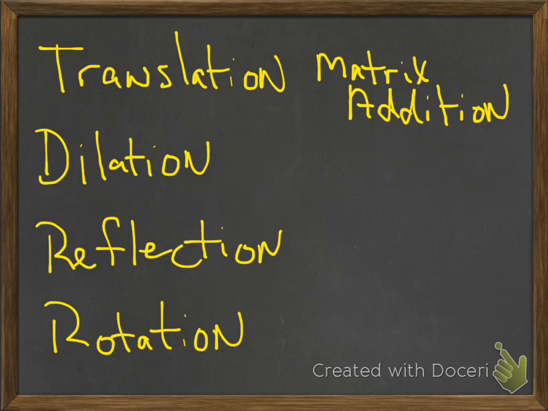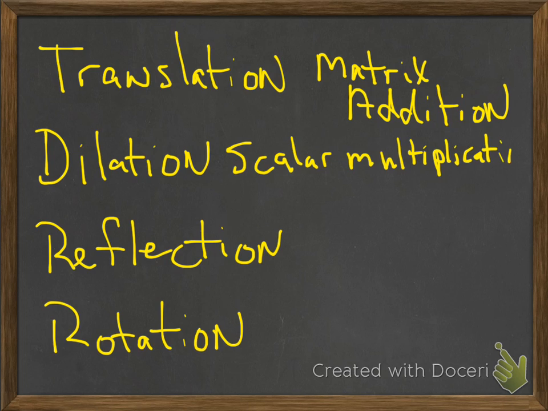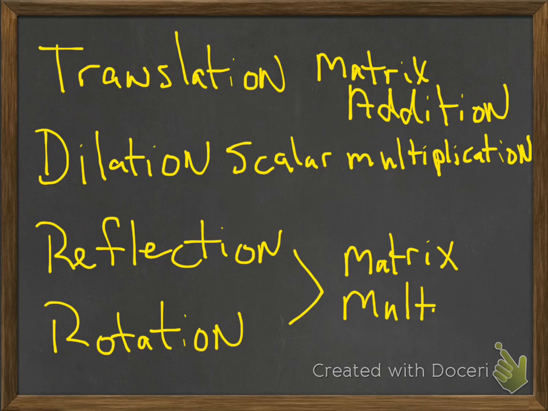A dilation is just scalar multiplication, again something we covered back on Monday in 4-1. A reflection and a rotation, both of those are matrix multiplication. So like what we were supposed to be doing yesterday.